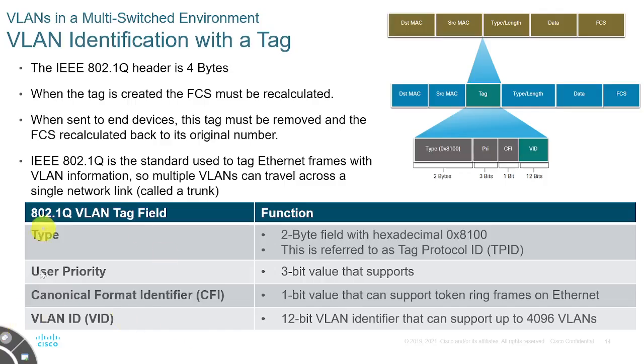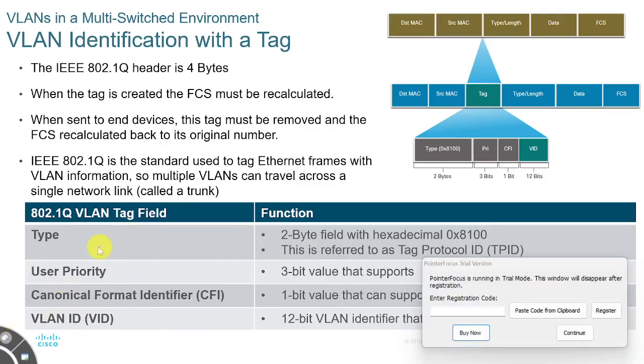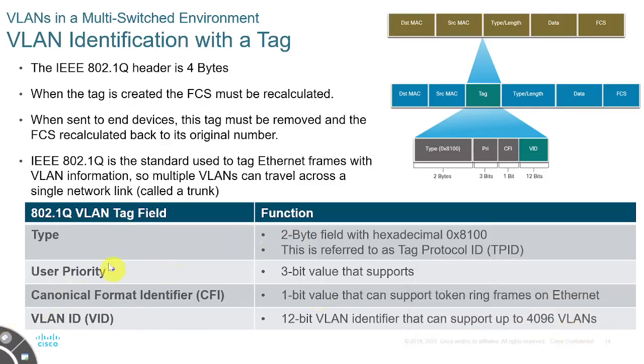Okay. As you see here, the function of each field of the tag. The type should be 2 bytes hexadecimal. It refers to the tag protocol ID, which protocol we use for this tagging. User priority is 3 bits that support user priority. This is for the protocol ID, this is for the user priority.